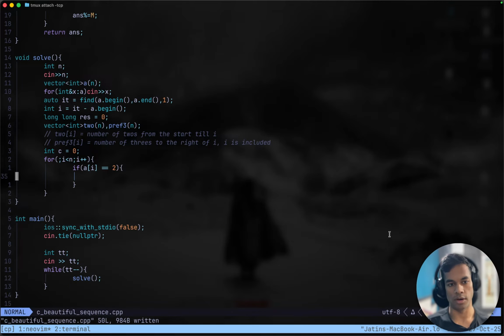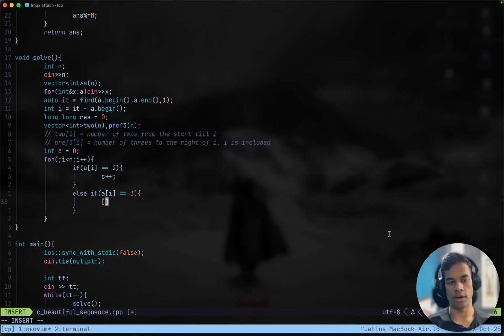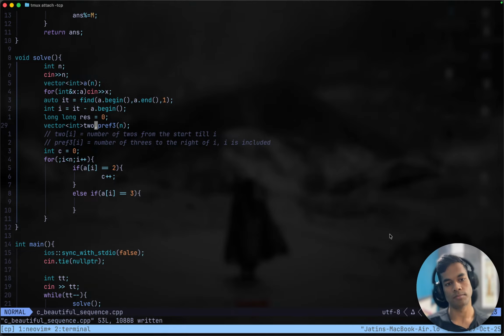Else, if the current number is 1, it doesn't really matter. But if the current number is 3, then something does matter. Prefix 3 would be required later.